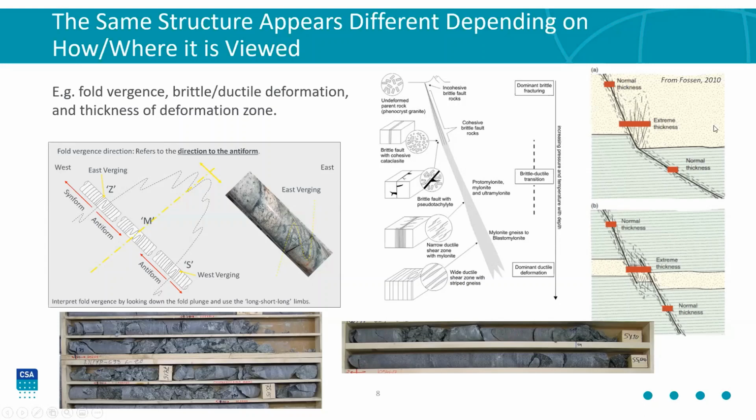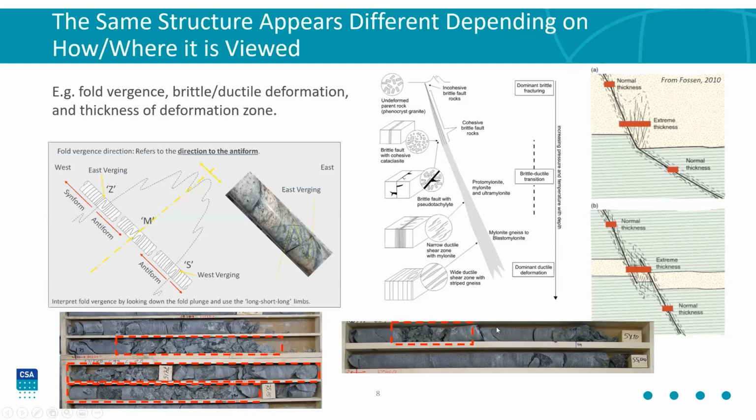And at the bottom there, I've put an example that I came across quite recently, where we're looking at a structure, and depending on two drill cores quite close to each other, but drilled in different orientations. If you look at the one drill core, this is the same structure. In the one core, the drill has gone at a fairly high angle through that structure, and so it appears as a pretty broad damage zone, and fairly easy to identify.